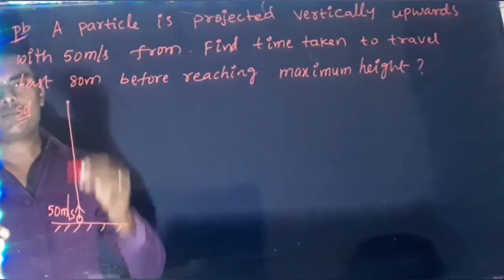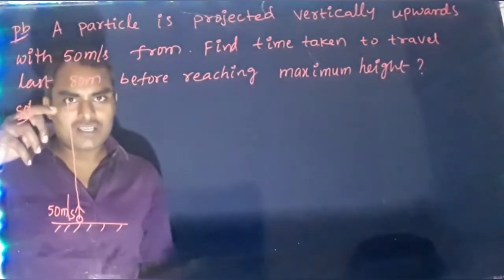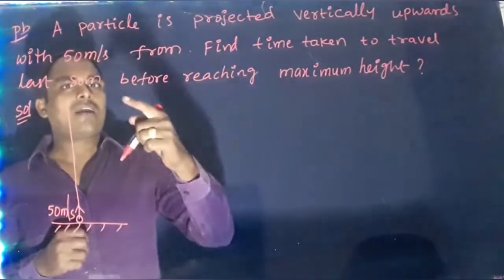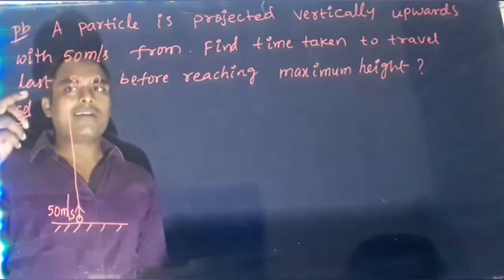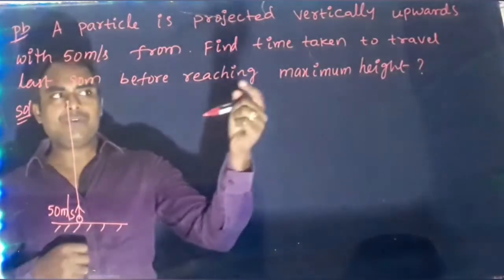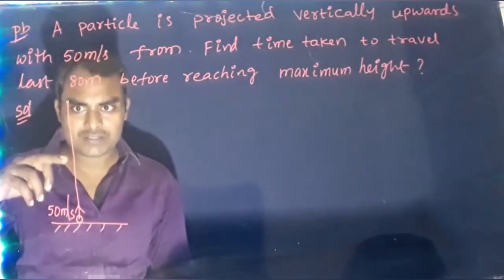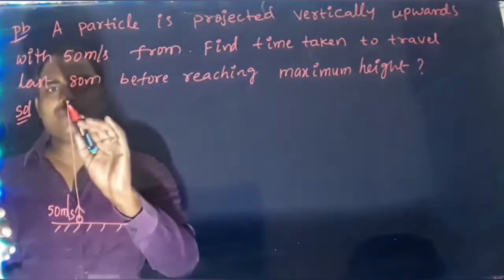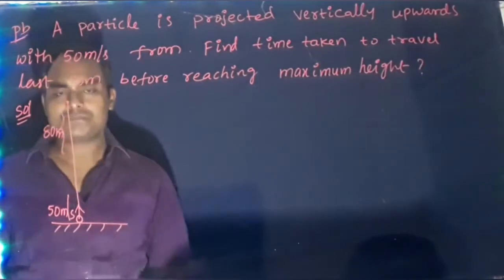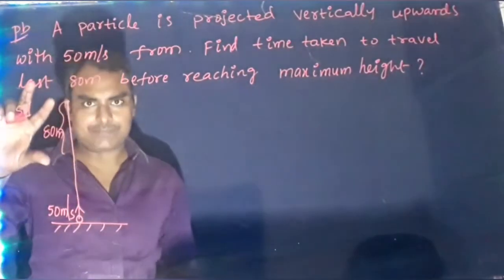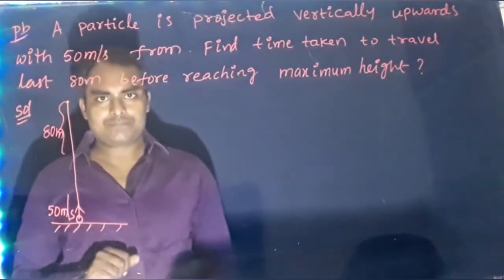Somewhere here velocity becomes 0. That is the maximum height. So before reaching this maximum height, the last 80 meter. If this distance is 80 meter, they are asking the time taken to travel this 80 meter.